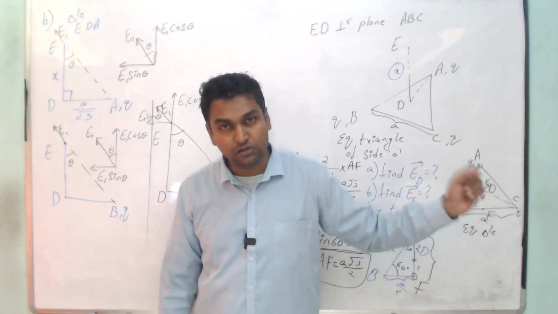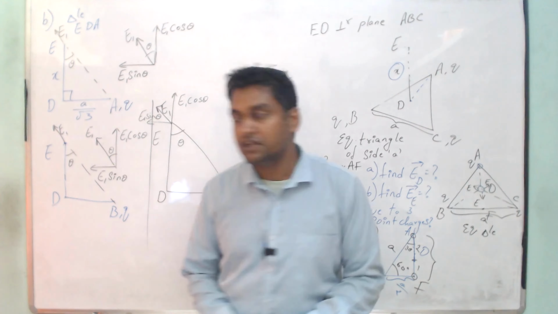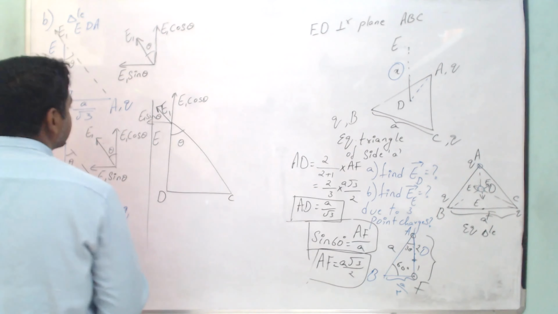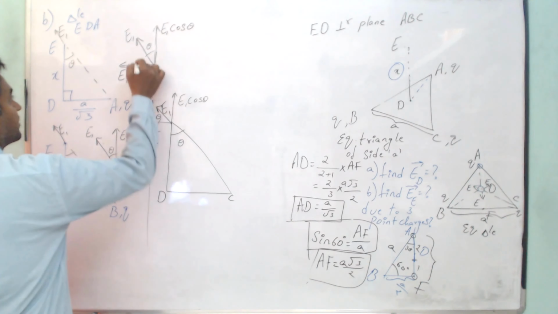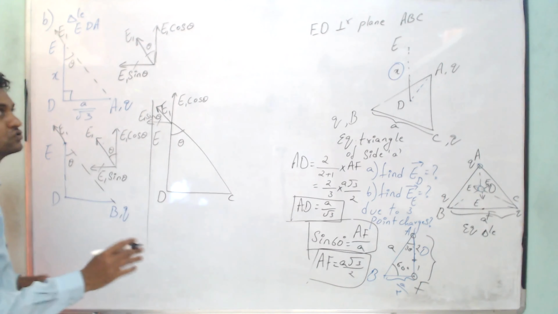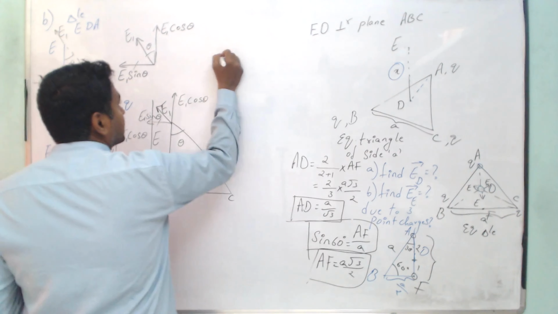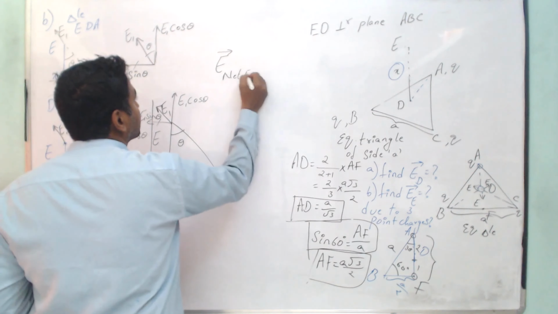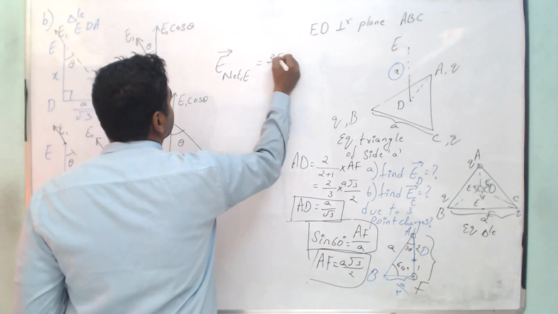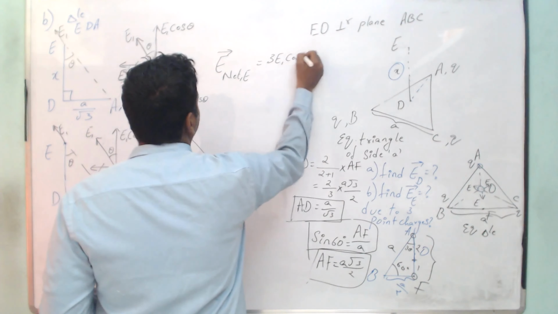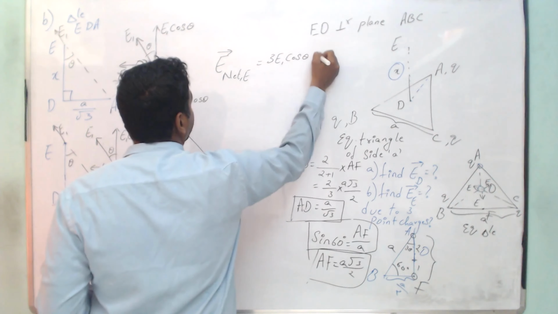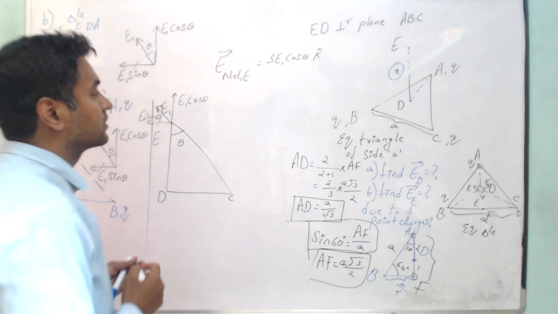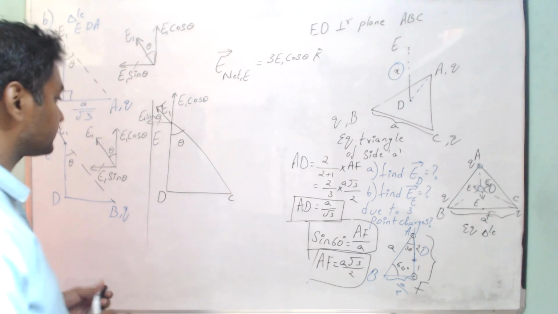In triangle also all the three will get cancelled. So my idea is that even sin thetas equilateral triangle कर रहे हैं इसलिए cancel हो जाएगा. Eventually my E bar net at point E will be 3E1 cos theta, and it will be k cap. Correct? Yes.